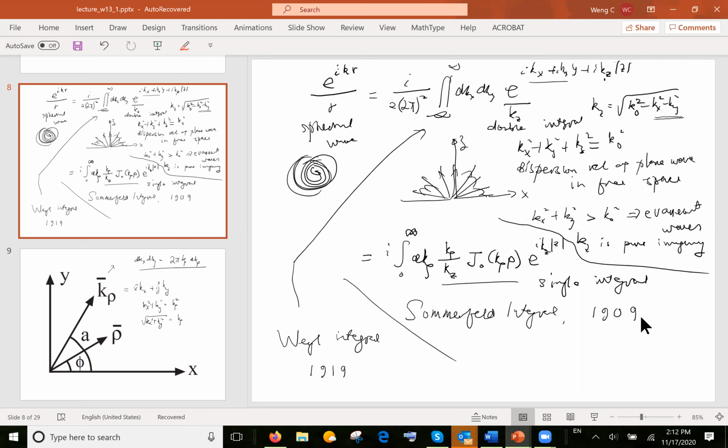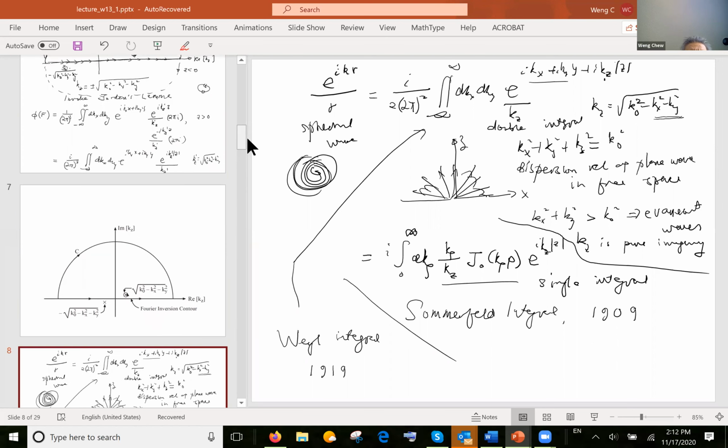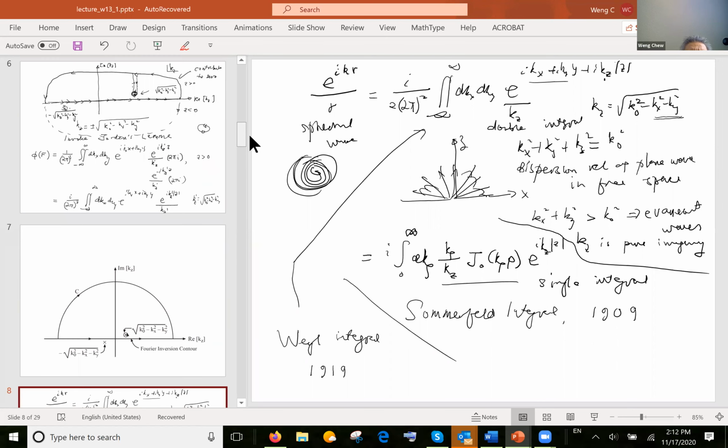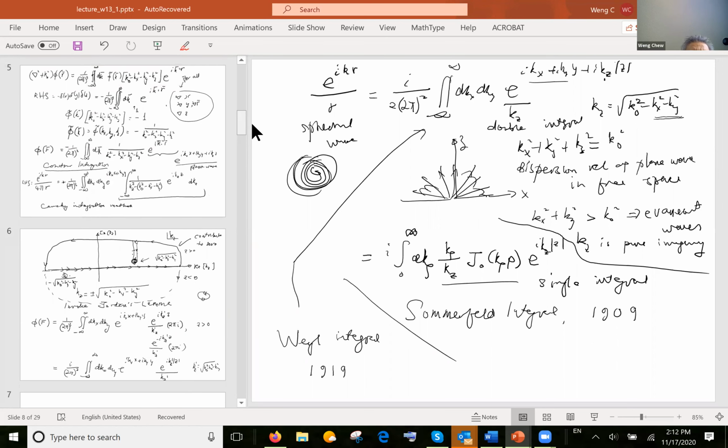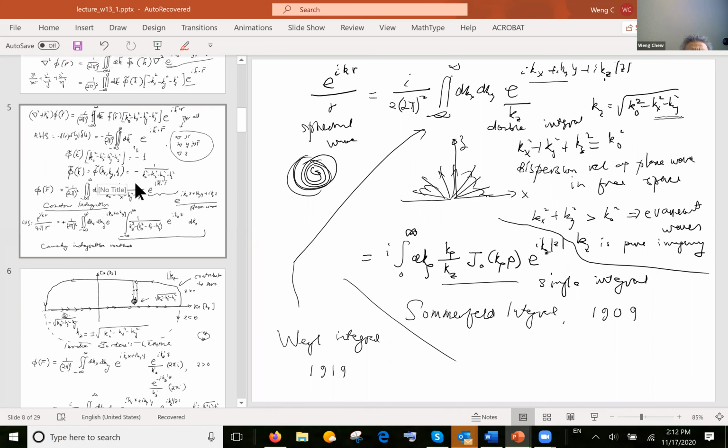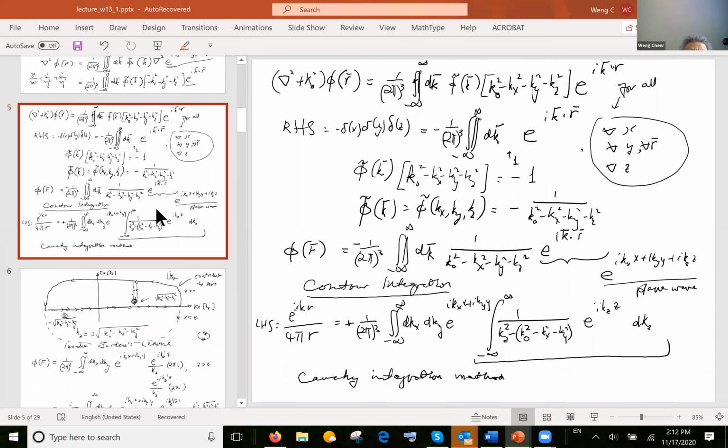Does the Sommerfeld integral always converge? Yeah, it converges if you pick the integration path correctly, and if you assume a little bit of loss. There are some finer points that I didn't go through. That's a very good question. This integral does not exist if this pole is right on the real axis.